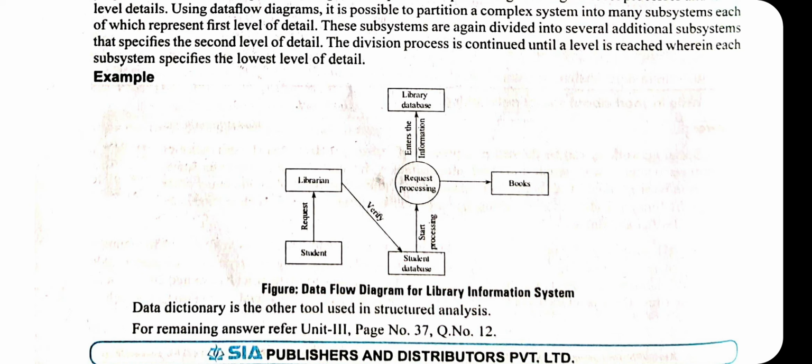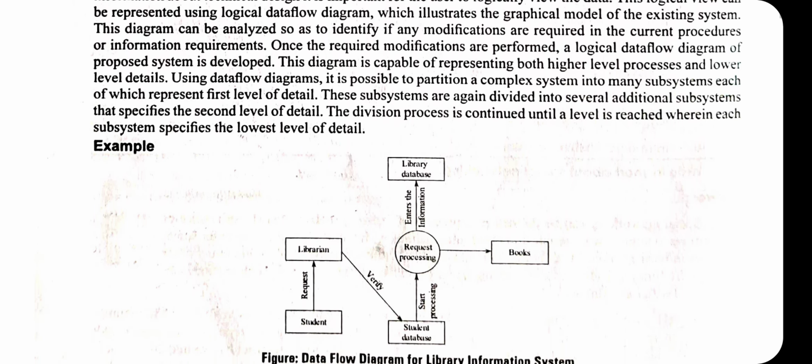It is checked whether the book is in the library or not, using the library database, and when the process is completed, he issues the book to that particular student. That is the process of the student taking a book from the library. That is done in the DFD diagram. It is processed by the library information system. That's why this is the example of the DFD.